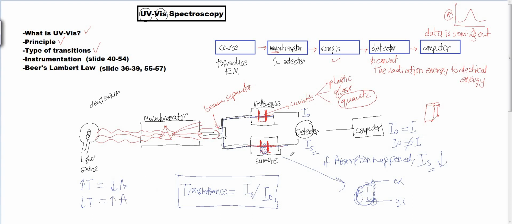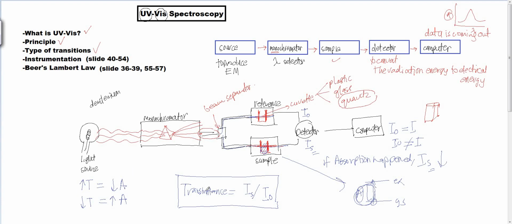So you can see that if a lot of absorption happens, the intensity coming out must be small because a lot has been used. When the intensity coming out is small, automatically transmittance will be lower, right? But if absorption occurs but only utilizes very low energy, a little only, that means the transmitted intensity is large, so automatically the value of transmittance will be higher.